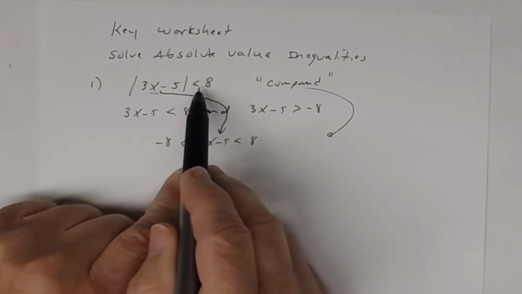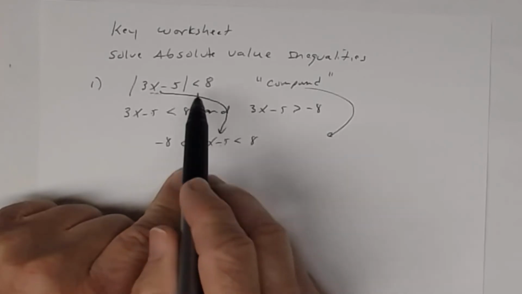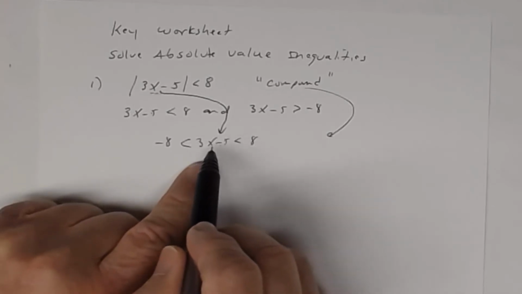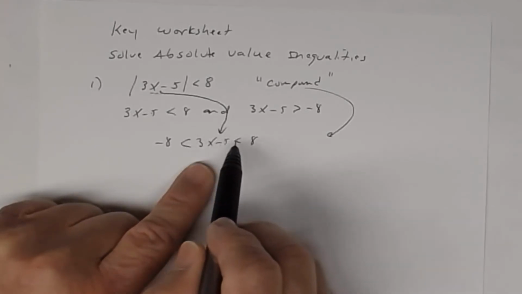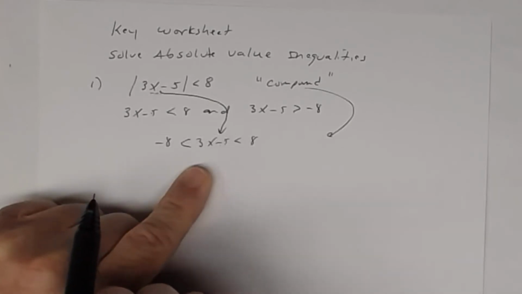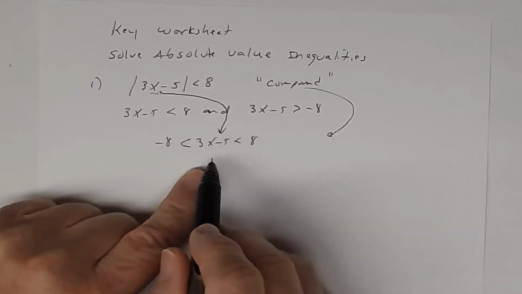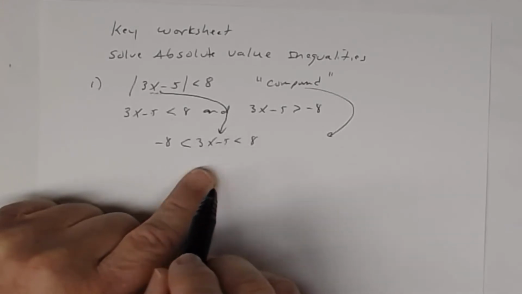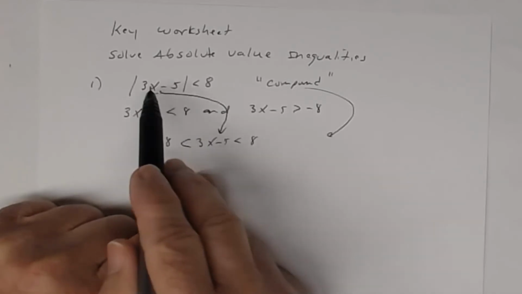And this inequality symbol is in that same direction, less than, less than. One way to read this is to say 3x minus 5 is less than 8, and it also must be greater than a negative 8. And then the next thing you do is just get the variable x by itself in the middle, and you will find the solutions to the original problem.